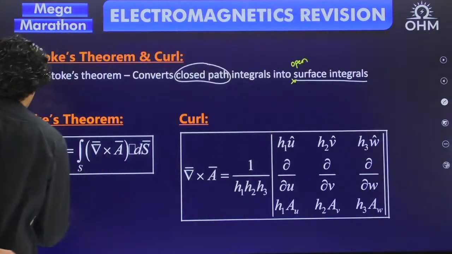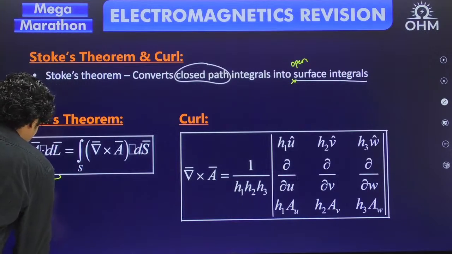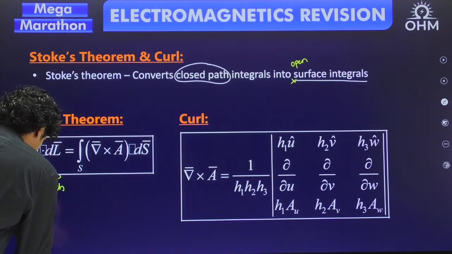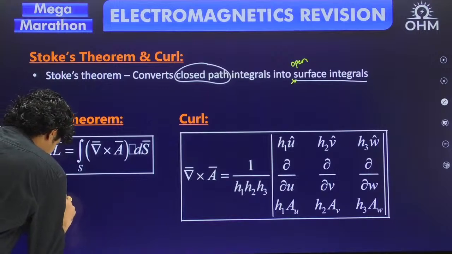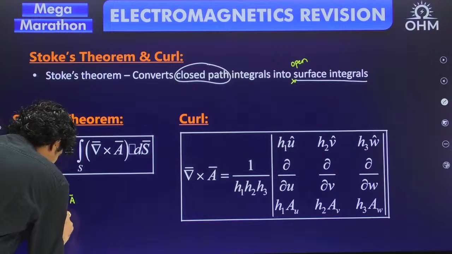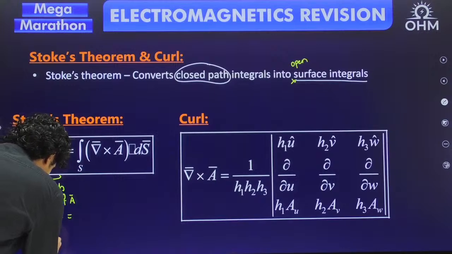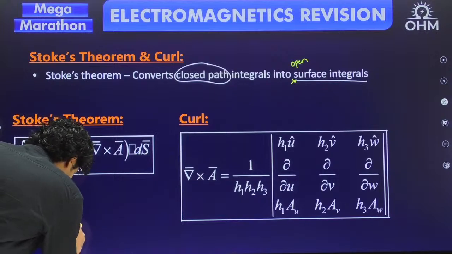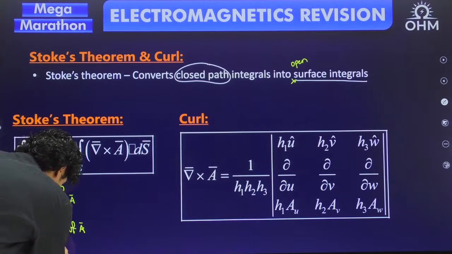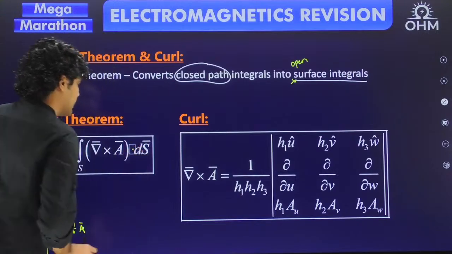This expression on the LHS is the closed path integral of A bar around L. Sometimes we also call it simply circulation of A bar along the path L. This also becomes equal to curl of A bar dot dS bar.